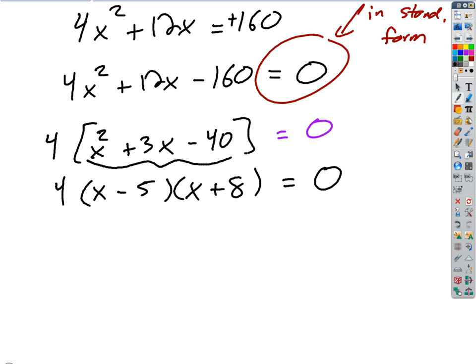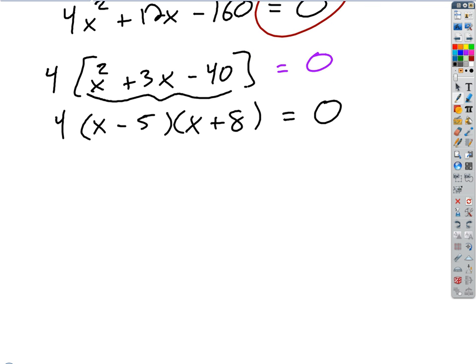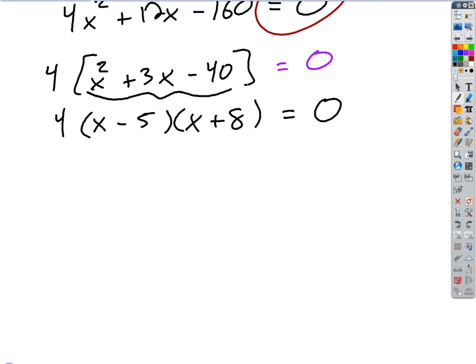Okay, so now we got this thing broken apart, right? So now we're going to use our trick, the zero product property. The zero product property says that the product of those three factors can only be 0 when individual factors are 0. Well, 4 cannot be 0, right? 4 is constant. That's not 0, so we don't worry about that one. But these other two could be 0, right?